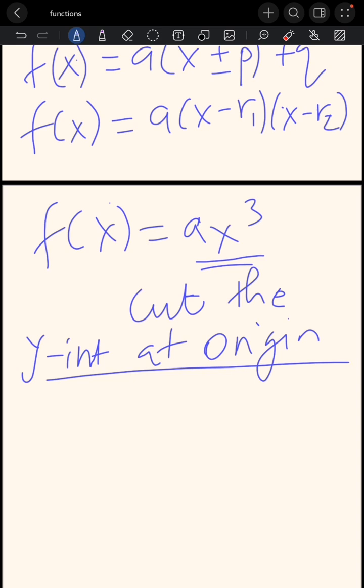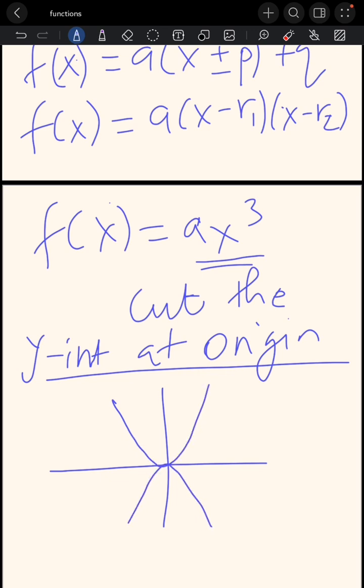This is case number 3, where our graph can be like this. Observe, it can only cut here or here. That's why we have y is equal to x to the power 2. Sorry, this is x to the power 2. Okay, so this is case number 3. It cuts the y-intercept at the origin.